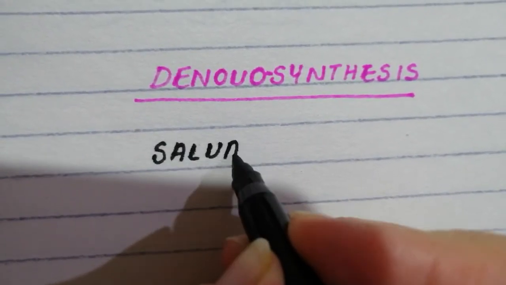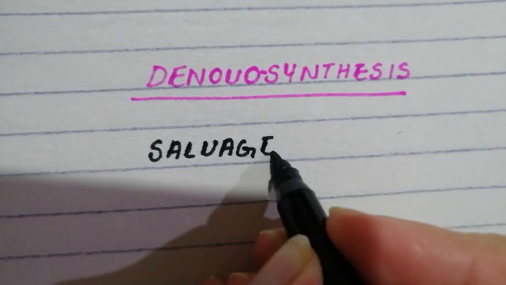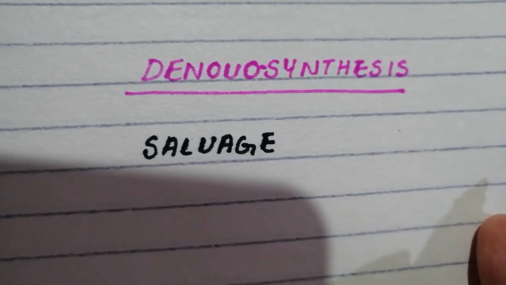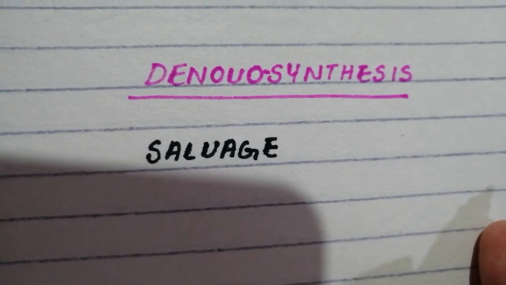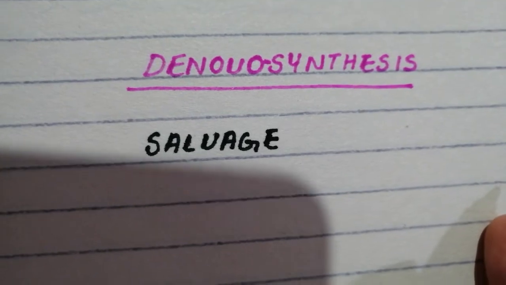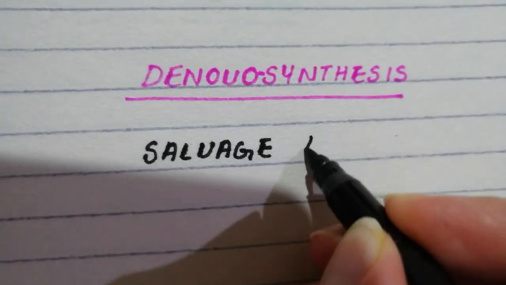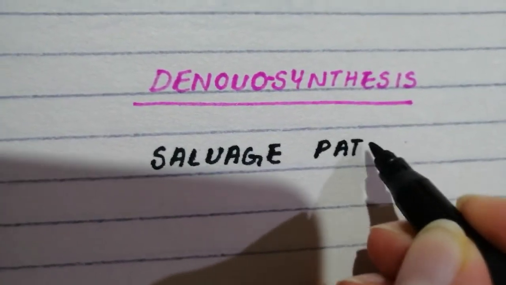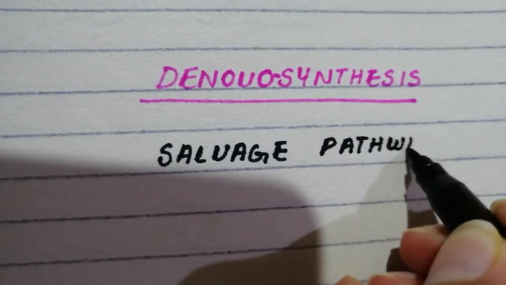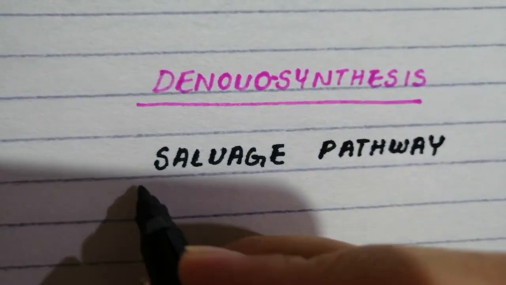In the salvage pathway, we can say that the adenine and the guanine are salvaged. Now, this might be a bit of a hard thing for you to understand because of some basic things which need to be understood first. So, I'll begin with that.